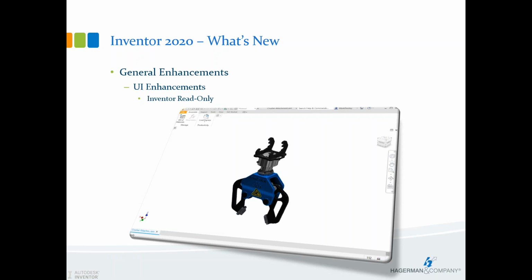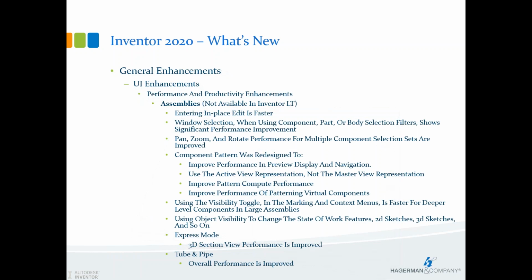So if you're still working with Vault, it's still installed on the Vault installs, so it's still there for the right-click view and window options. But the read-only mode is great because now we can measure. We're not consuming a license. We're not editing anything. We can look at all of our different part files and model files, drawings, presentations.